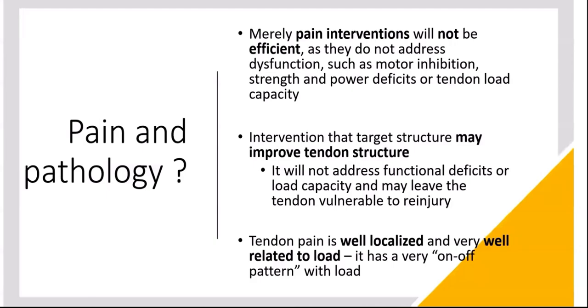So interventions that target structure, they may improve tendon structure. Yeah, so sometimes it is useful in certain situations to do a kind of specific treatment on a specific area in a tendon. Yeah, but therefore, of course, you also need a good clinical reasoning and a good diagnostic path.